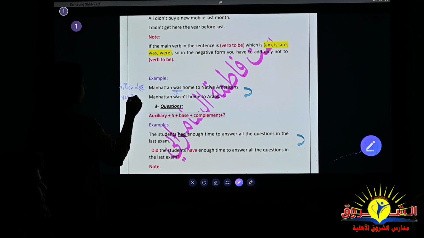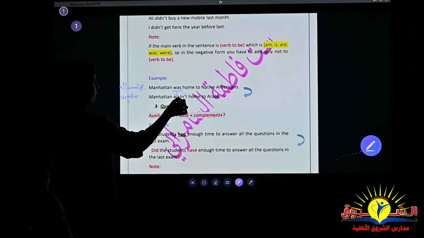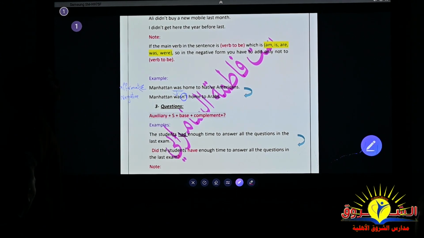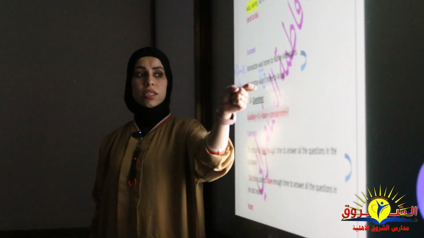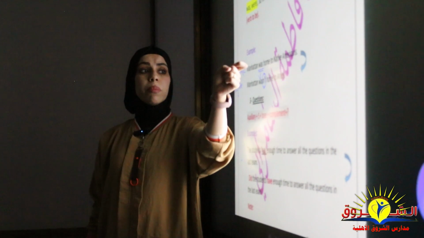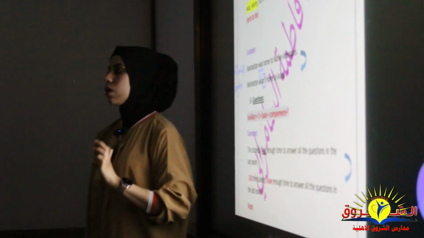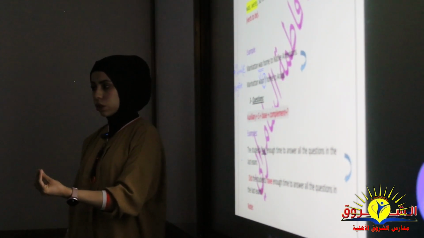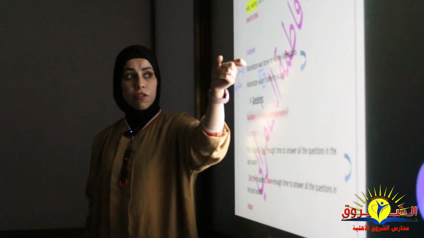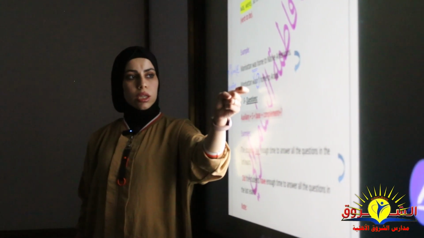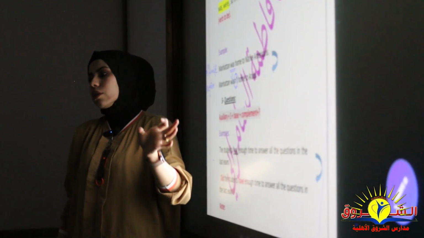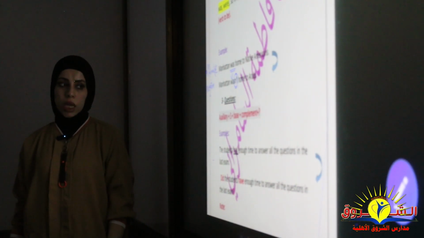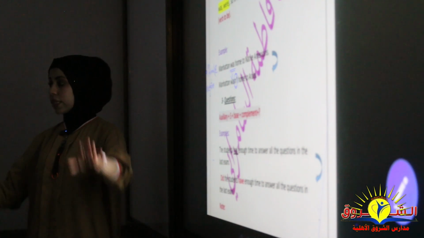The only thing that I did in the second one is just add not to the main verb, which is was, and the whole sentence stays the same. يعني من سويتها نافي، ايش سويت أنا؟ فقط ضفت not to the main verb. Both of them: if you have was, just add not, it will be wasn't. And if you have were, just add not, it will be weren't. Is it clear? Okay.